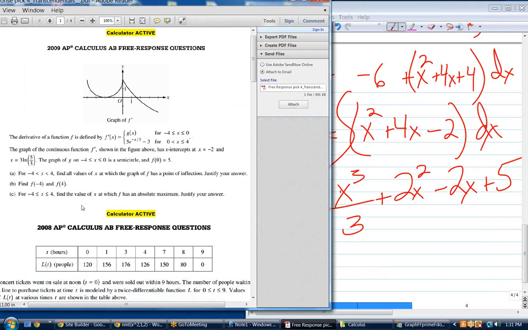So question C, find the value of x at which f has an absolute maximum. Well, if we can take the derivative of this function and find out where it is negative, that will be where the absolute maximum is.